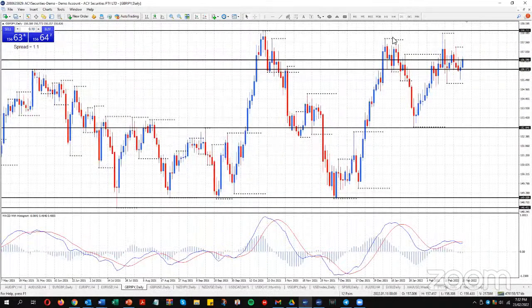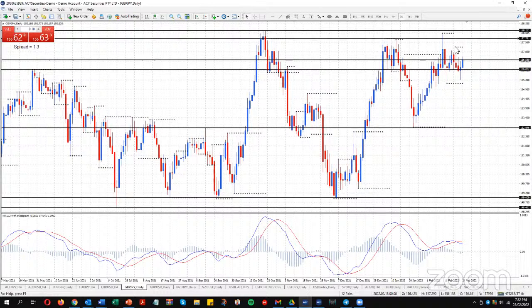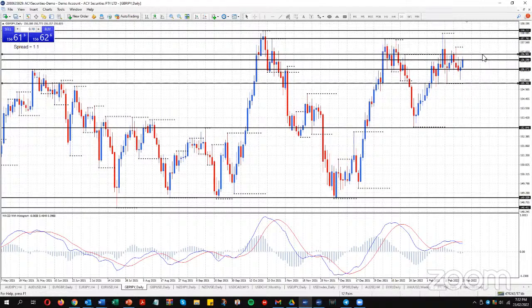What is happening is up here, we had a minor double top, a false move at that level to create a kind of triple top, and we've been moving down to a bottom, putting in a lower top. We don't have lower tops and bottoms yet, but we have a lower top to the triple top. That's weekly resistance there, 157.76, and those last two levels are daily resistance and support.